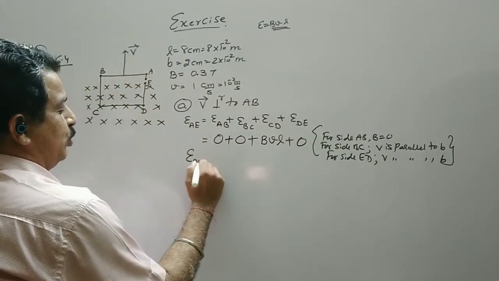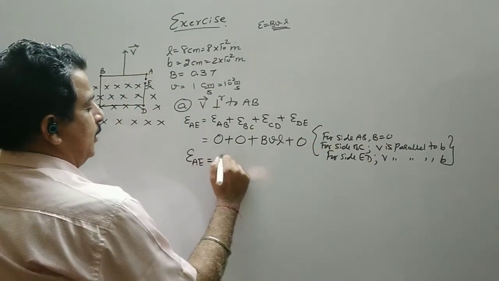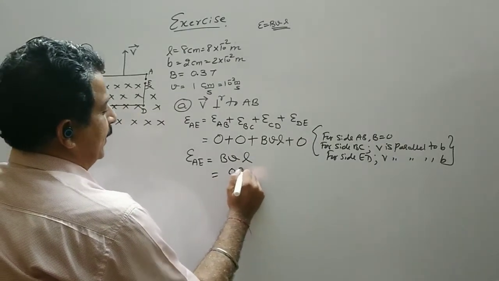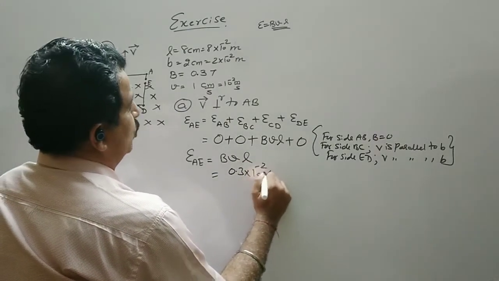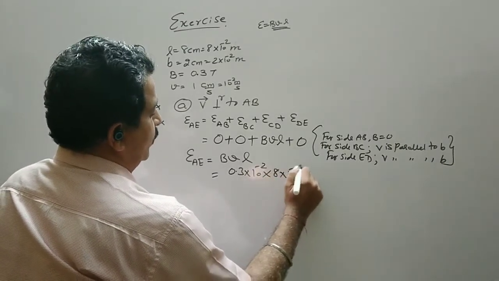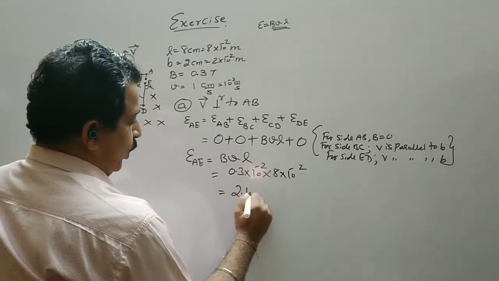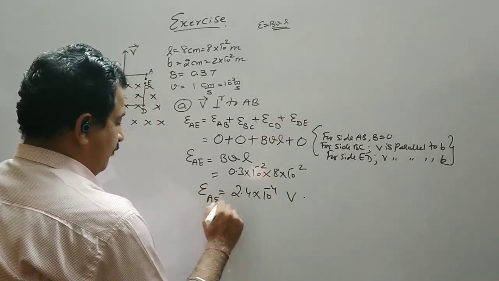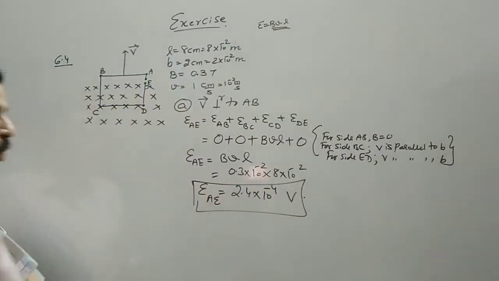So EMF induced between point A and E is BVL. The magnitude is 0.3 into 10 raised to minus 2 into 8 into 10 raised to minus 2, that is 2.4 into 10 raised to minus 4 volt. This is the EMF induced between point A and E.